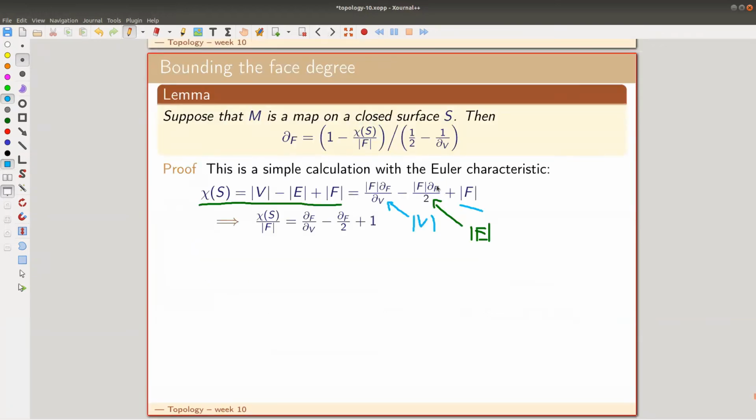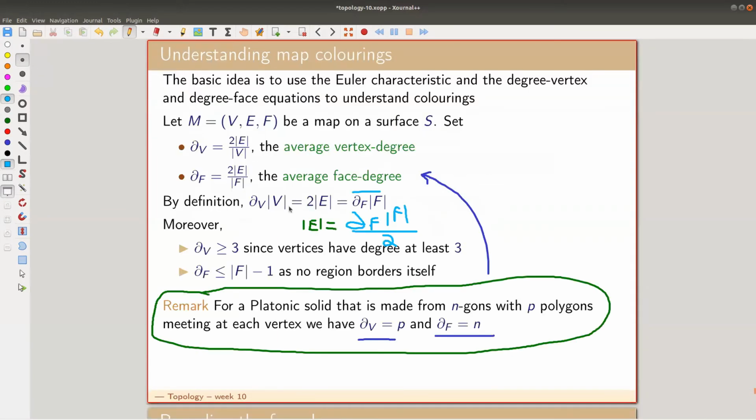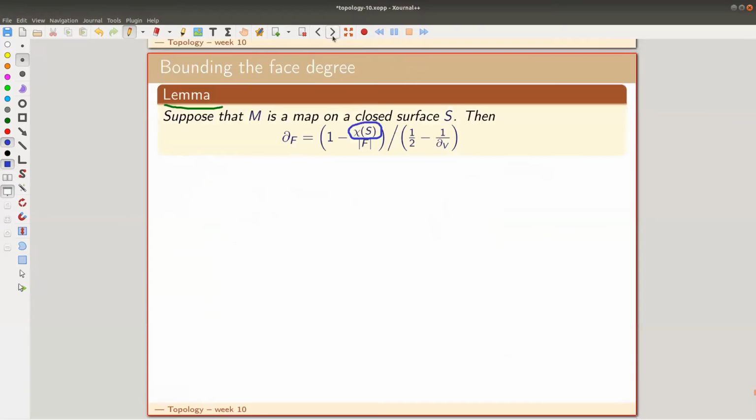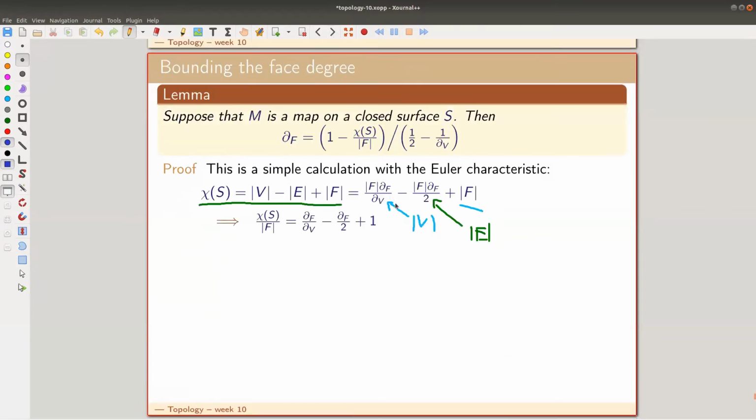Delta f number of f divided by 2, and similarly you can now replace this one. You can relate those two. So if you relate those two, then the number of vertices is equal to delta f number of f divided by delta v. So again, I hopefully did exactly this replacement here, and indeed, luckily I really did that.